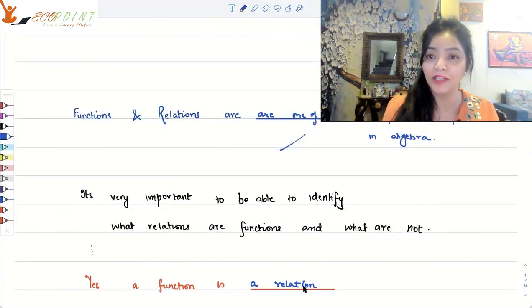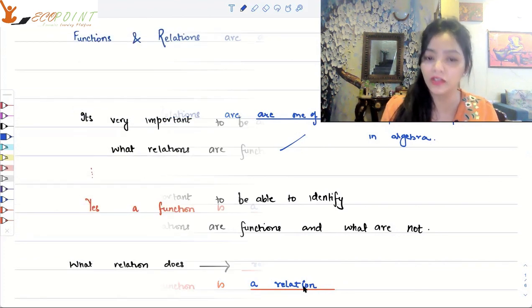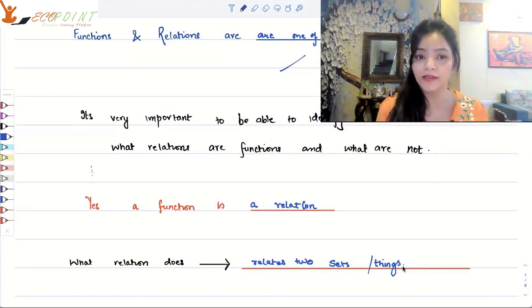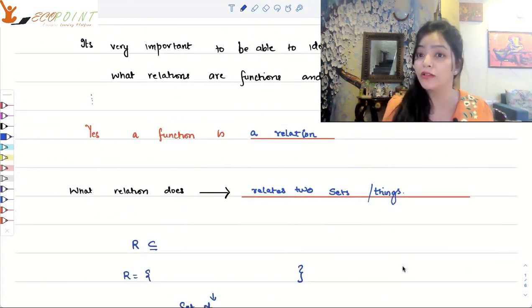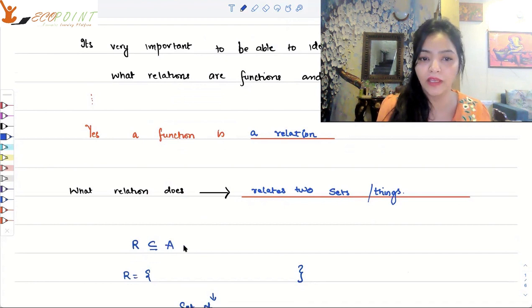What I'm trying to tell you here is a function is definitely a relation. What does a relation do? A relation relates sets, or elements or things which are there in the sets, right? Hence, a relation is a subset of the Cartesian product. We say that R is a subset of A cross B, where A and B are two sets which are getting related to each other.